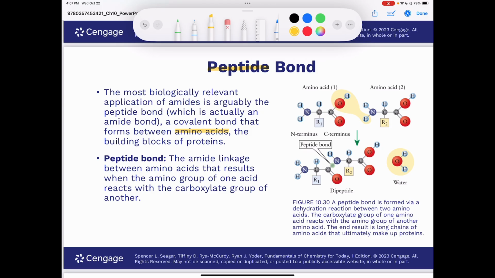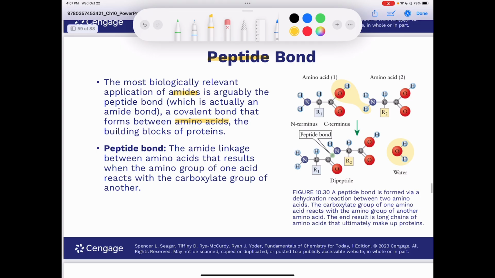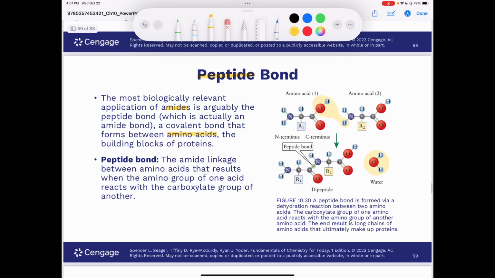But anyhow, what is protein? Well, protein is just amino acids linked together. And when amino acids are linked together, they're linked together by amide bonds. But more specifically, when we have an amide bond between two or more amino acids, we call that a peptide bond. Again, it's just an amide bond, but it's between two amino acids.